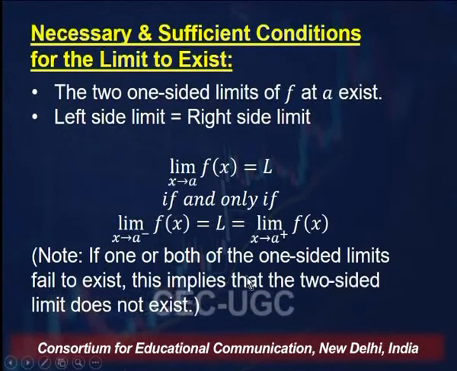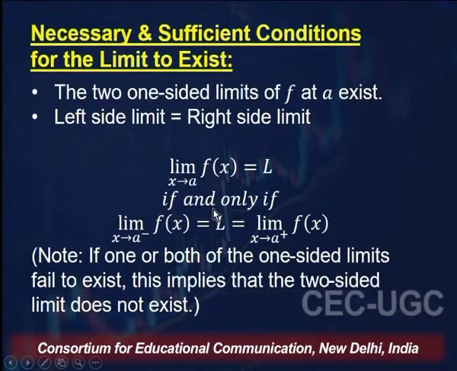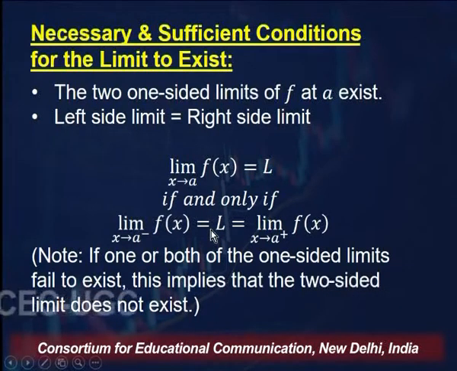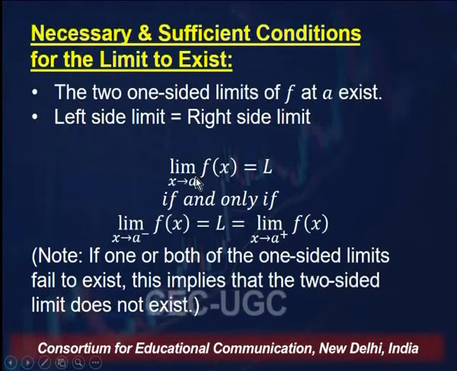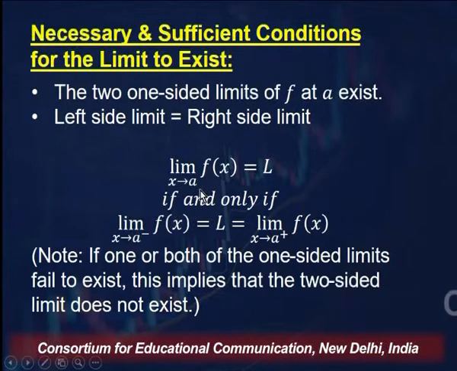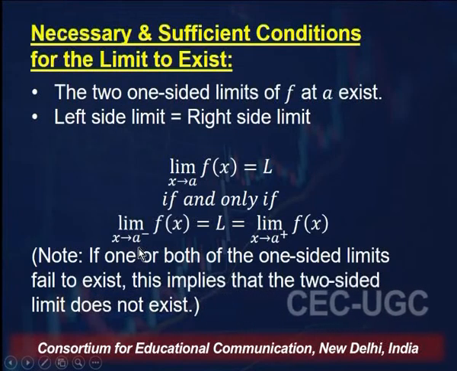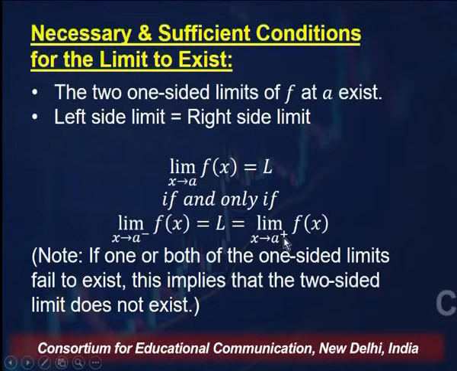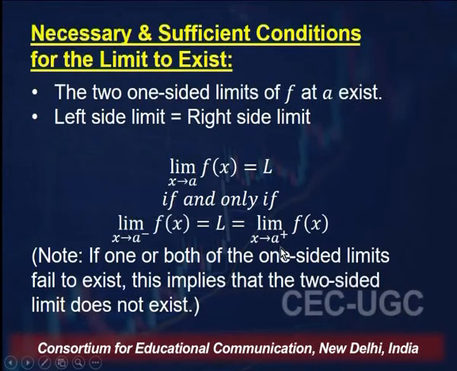So let's look at the statement. It's an if and only if statement, because these conditions that we've pointed out are both necessary and sufficient. This statement says that the limit of the function f of x as x tends to a is L, if and only if the limit of the function as x tends to a from values less than a, the left side limit, is equal to the limit of the function as x approaches a from values higher than a.